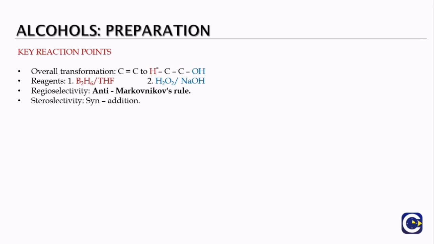The reagent in the first step is boron hydride with tetrahydrofuran as solvent, as we have already discussed. In the second step, the oxidation, we have hydrogen peroxide and sodium hydroxide. Here I have just given a color code. The hydrogen atom attached to the alkene comes from the boron hydride, and the hydroxide attached to the alkene comes from the hydrogen peroxide and sodium hydroxide.